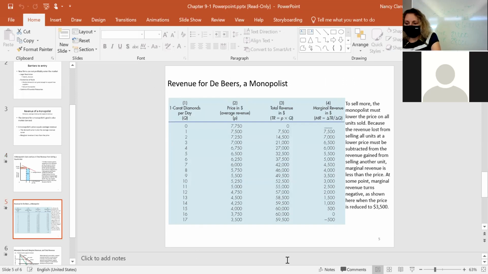So here is a chart with revenue. This is all stuff you've seen before. Don't overthink this, right? So here we have quantity of diamonds, 0 through 17. We stop at 17 for kind of an obvious reason, but I'll show you that here in a minute. Your price in dollars. So this is the information off the demand curve, right? We've already done this, right?